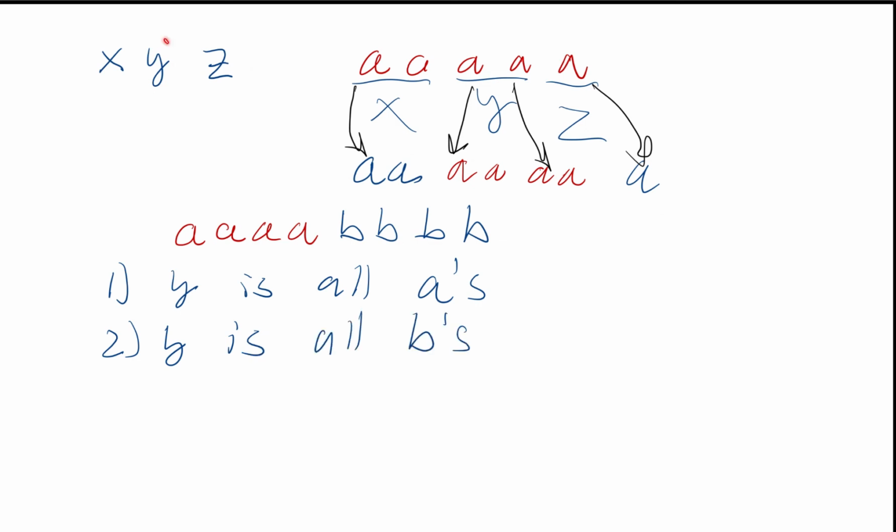So as I choose my Y, it can be one of these B's, it could be all of the B's, it could be the last B, it could be the first B, but all I'm saying is any choice that has Y being all B's. And the last choice is some combination of A's and B's. We can have 1 A and 2 B's, we can have an equal number of A's and B's, and the X and the Z just fill in the other parts that Y isn't. So those are the 3 choices we have for Y.